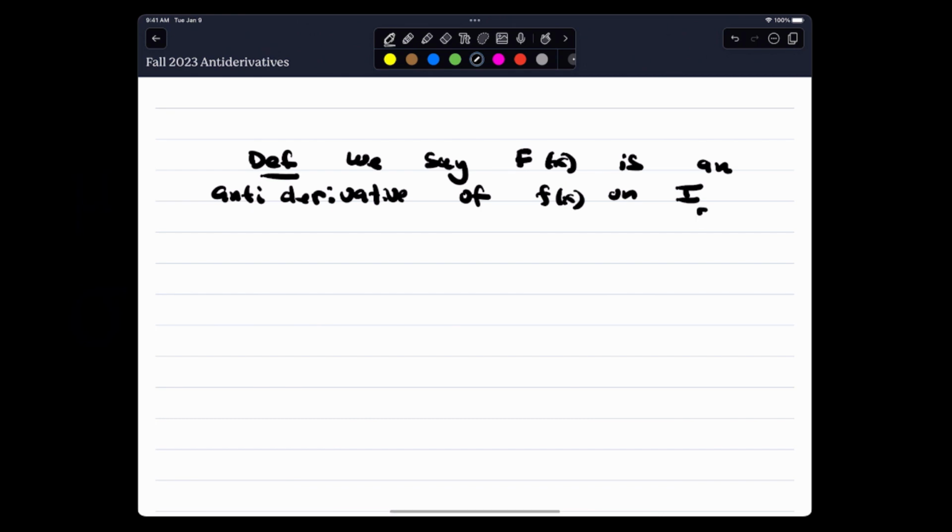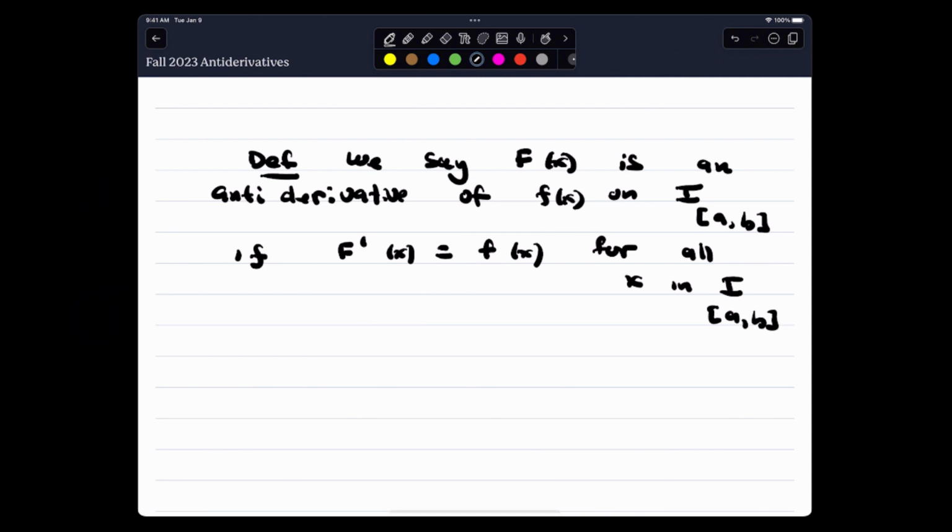Well, it's going to be from A to B. If the following is true, that if I take the derivative of that function, it's going to equal the function f for all x in the interval I. So this is what we call the definition of an antiderivative. And big F is the antiderivative.